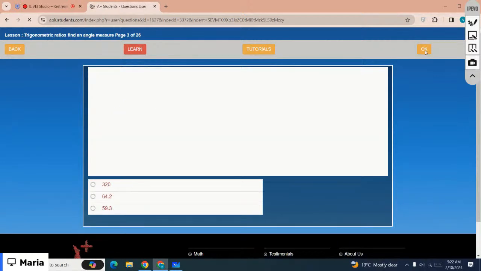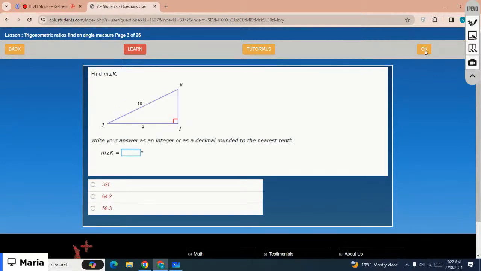Okay, the next one is measurement of angle K. So how do we find the K? You can use sine of angle K, right?